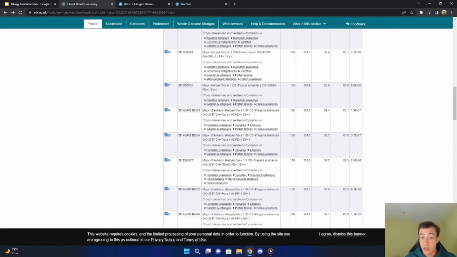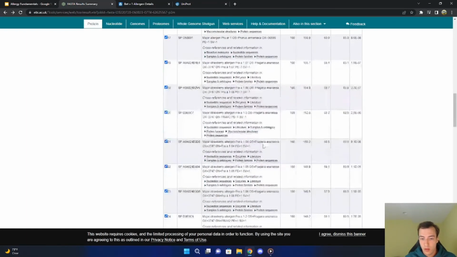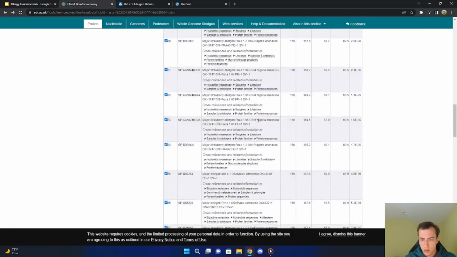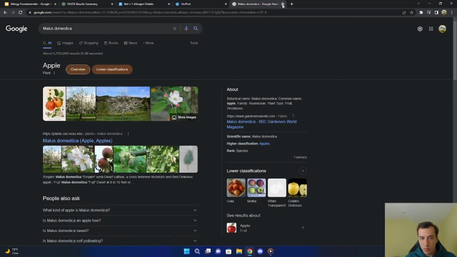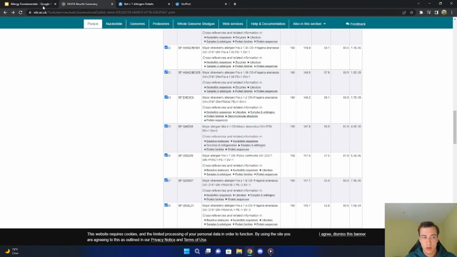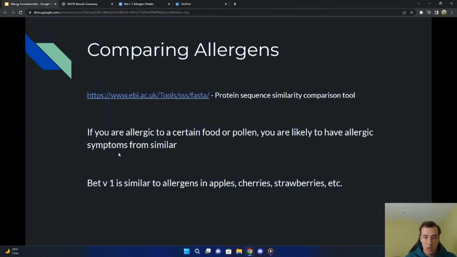We look here and we see strawberries, and we go down a little bit more, and here is Malus domestica, which is an apple. So all these different foods are similar to birch pollen, the protein structure of birch pollen.